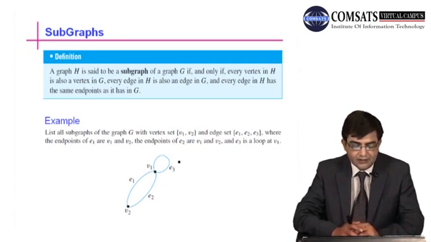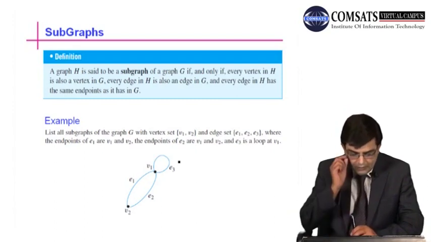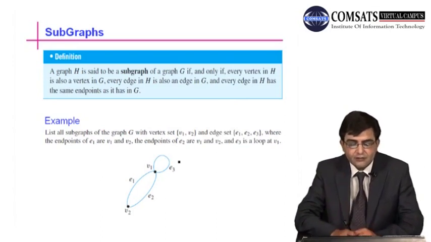H is said to be a subgraph of a graph G if and only if every vertex in H is also a vertex in G, and every edge in H is also an edge in G, and every edge in H has the same endpoints as it has in G.